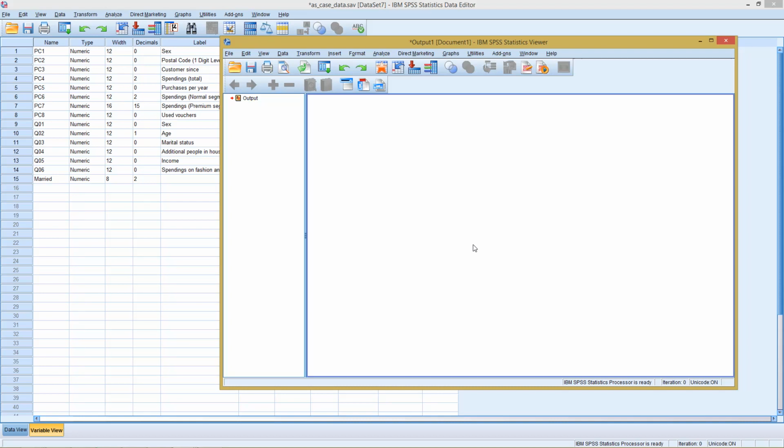What is Logit Regression? Logit Regression basically works like the normal linear regression we know about, but there's one significant difference. We said with linear regression that the dependent variable always needs to be metric.